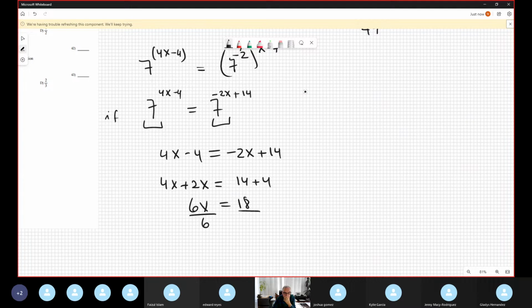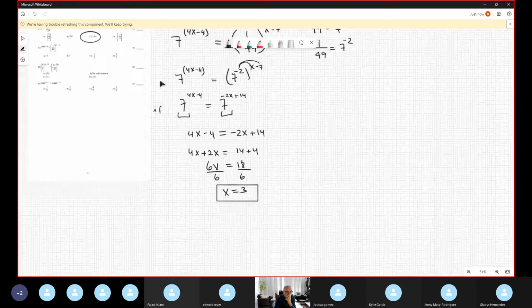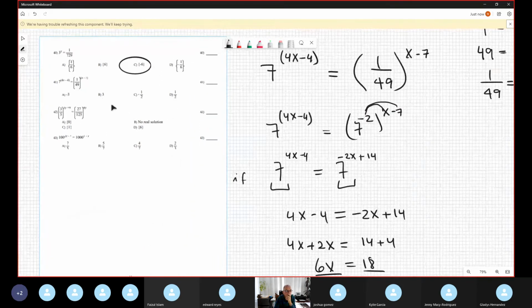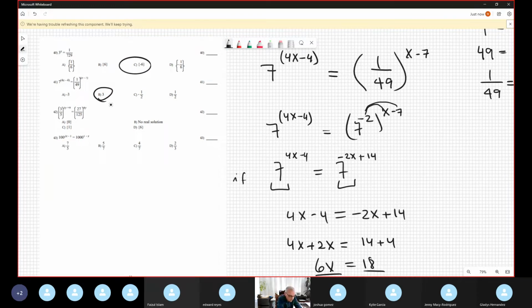Divided by 6 both sides, x equal 3. Wow. Okay, and 3 is the solution. Is it one choice to select or no? Oh, yes. Look at that. It's option B. So if you suppose on the piece of paper gets 7, the answer is 3. This doesn't work. Here, option B. Any question? Do you see or no?